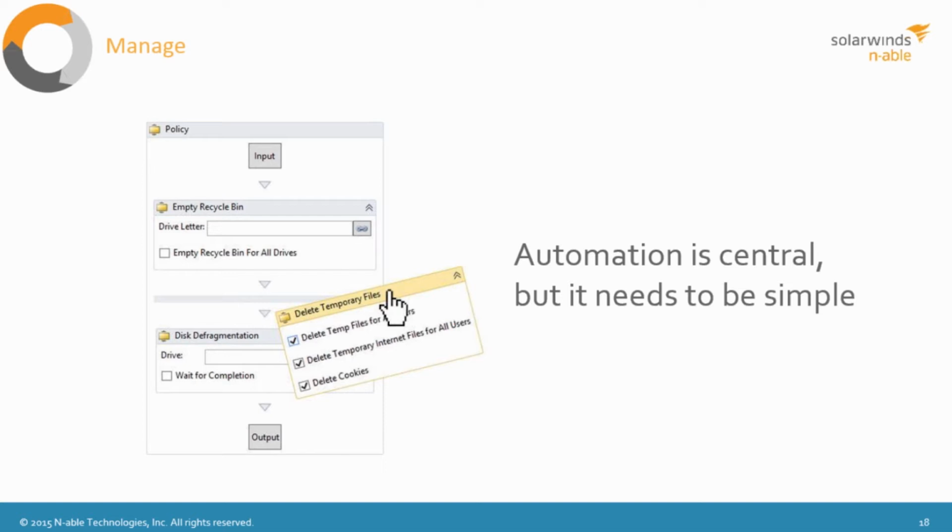I might add a couple other policies for custom people, like the CEO's laptop gets treated different than a general laptop. But in essence, it's really just these drag and drop objects that let me create a policy in 20 minutes, and then I set that up to run on a weekly schedule. So automation is central, but it has to be simple, it has to be easy, and it has to be accessible to everybody within the company.